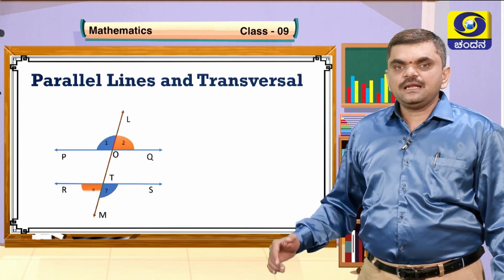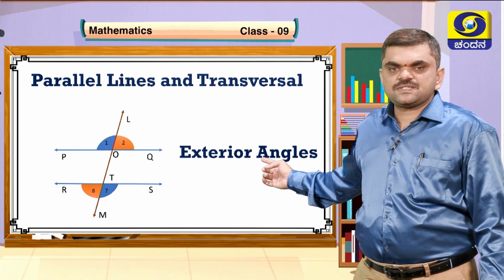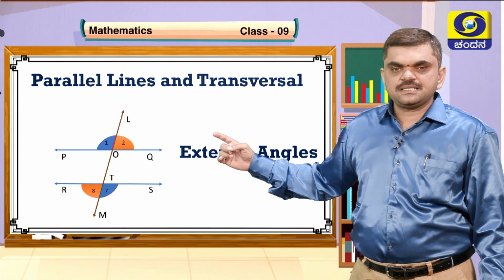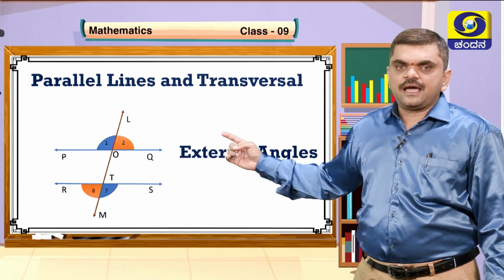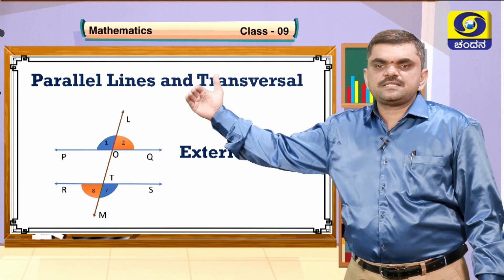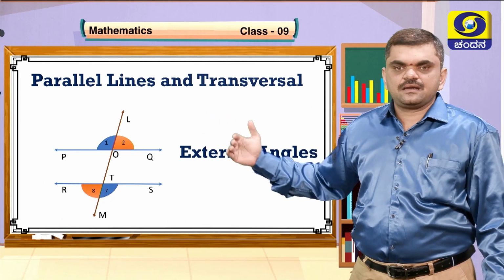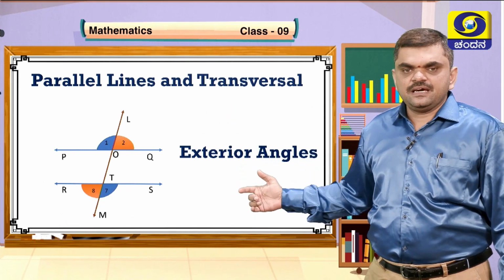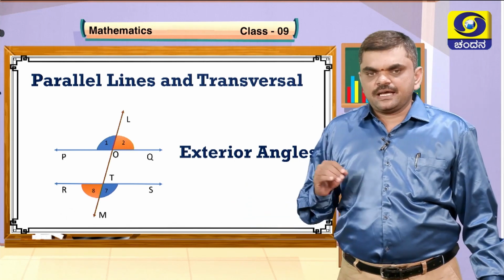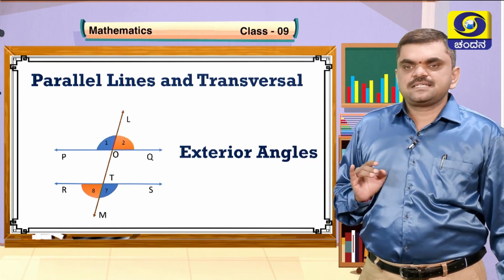Now, for parallel lines and a transversal, these are called exterior angles: angle LOP, that is angle 1, and angle LOQ, that is angle 2, which are on the exterior side, the outer side of the parallel lines, hence they are called exterior angles. Here RTM and STM are exterior angles. There are 4 exterior angles: angle 1, angle 2, angle 8 and angle 7, children.